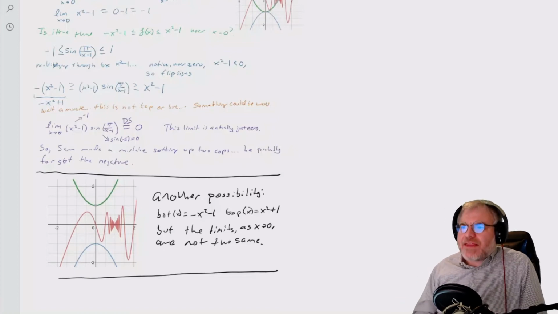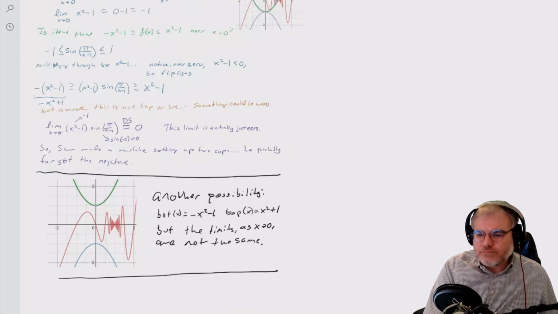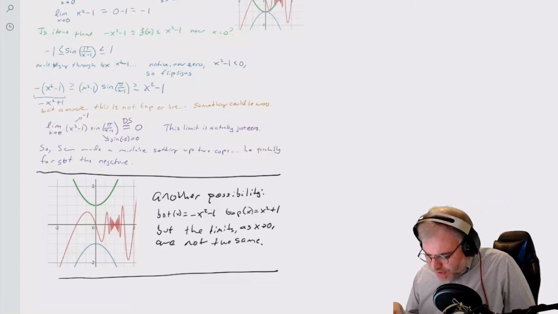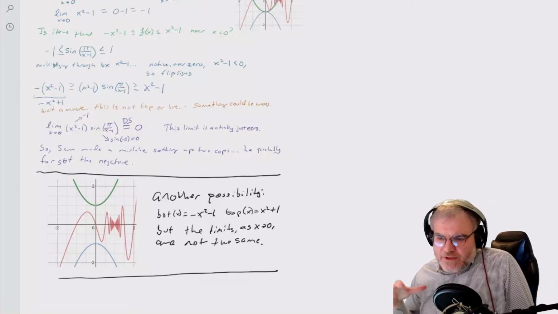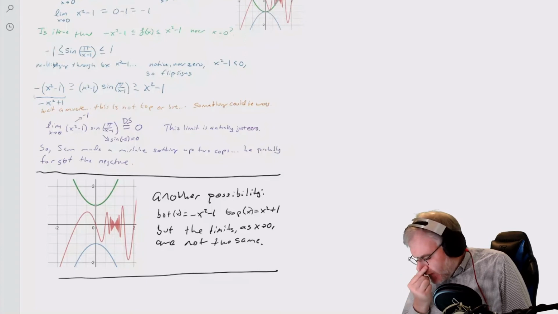So how do we feel about this possible situation? 1 to 5. I could have a situation where the limits just don't match for top and bot. So this is an example of a non-proof as well.